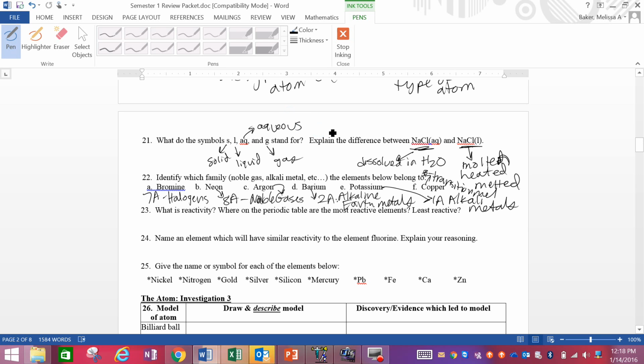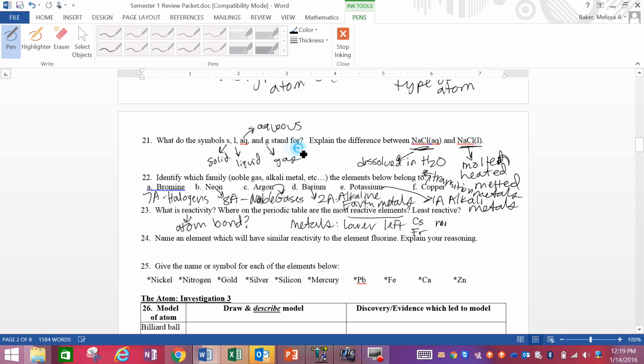The transition metals, though. What is reactivity? Basically, reactivity is how likely an atom will form a bond. Will an atom bond? The most reactive elements, as far as the metals go, are in the lower left of the periodic table. So that would be things like cesium and francium.